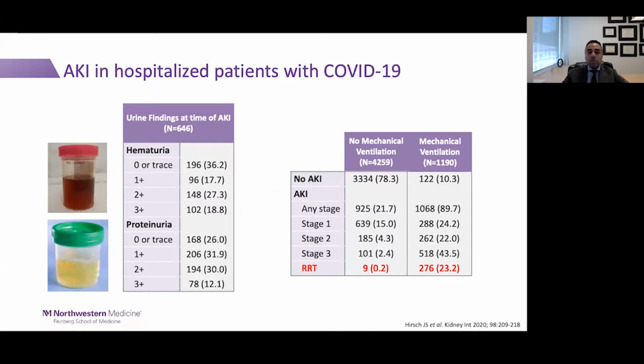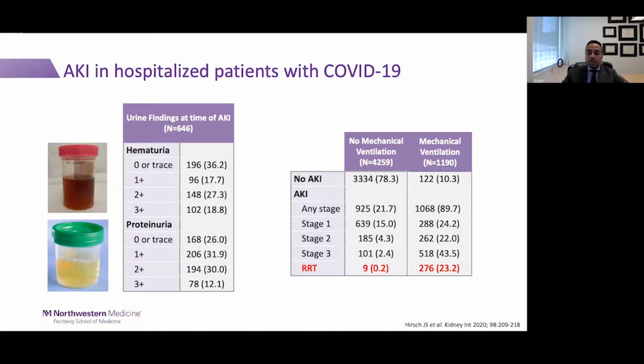Interestingly, in individuals who had urine studies that were collected at the time of acute kidney injury, which is about 30% of the individuals with AKI, they also were able to identify that over 30% of the individuals had higher grades of hematuria and proteinuria upon their presentation with acute kidney injury.